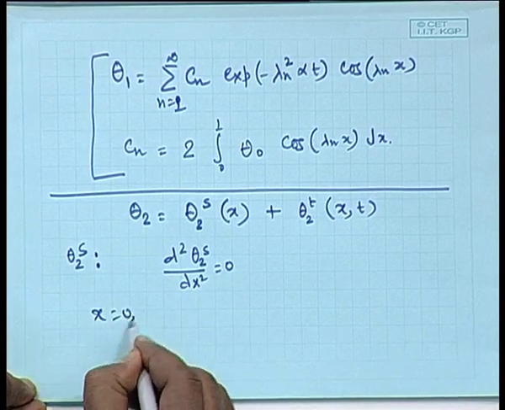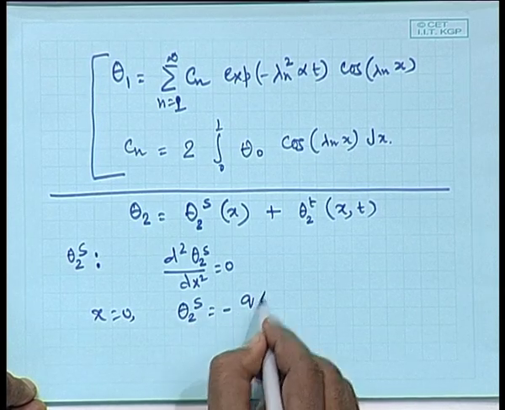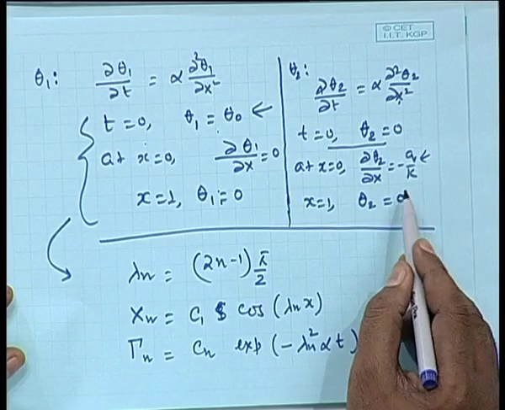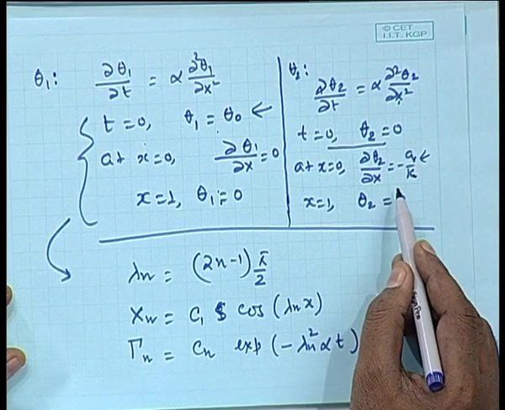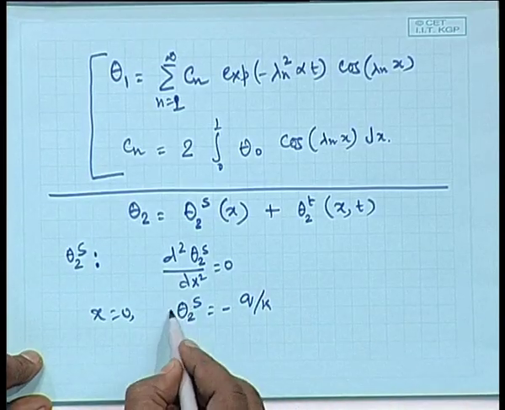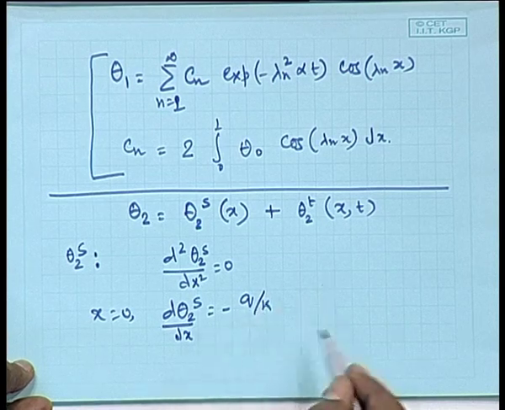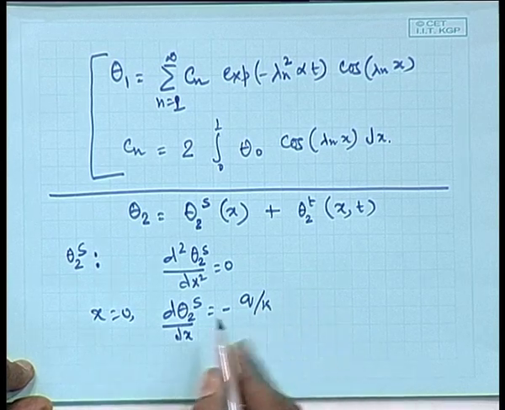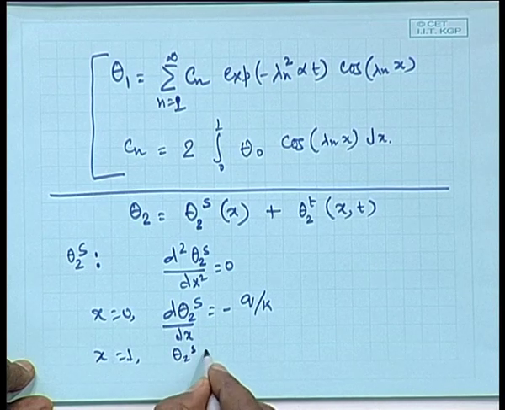At x equal to 0, d theta 2 s dx will be minus q by k. Yes, that is correct. Absolutely right. And at x equal to 1, theta 2 s is equal to 0.